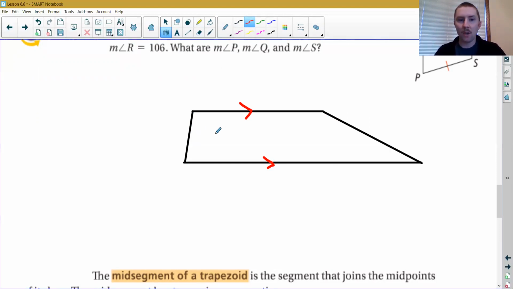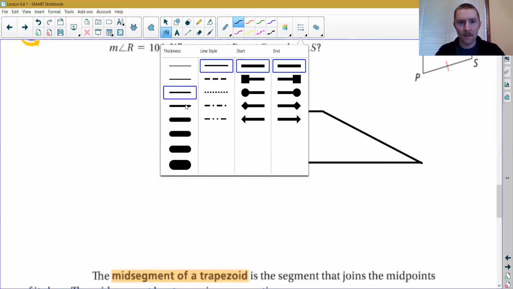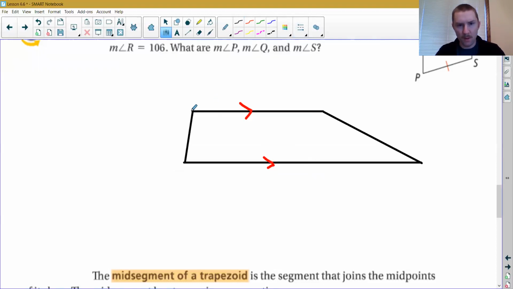And they have this thing called a mid-segment, all right? And a mid-segment of a trapezoid is the segment that connects the midpoints of the legs. Okay, so if I were to mark off the midpoints of these two legs, let's say, the midpoint of this leg is maybe right about there, and the midpoint of this leg is maybe right about there.